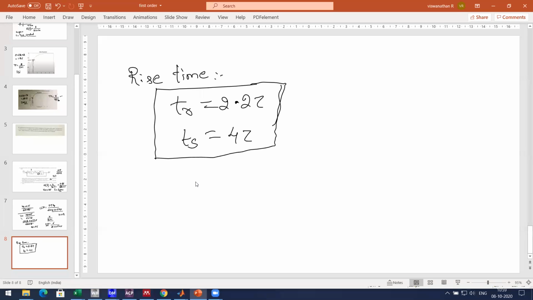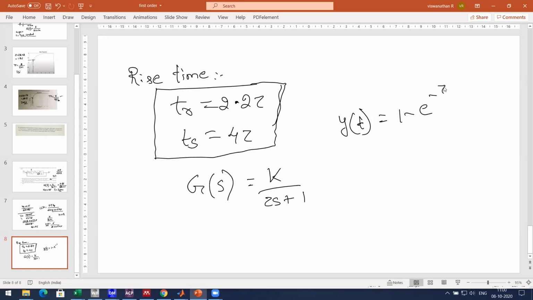Also, G of s is given by k divided by tau s plus 1. Then y of t, which means the amplitude, is 1 minus e to the power minus t divided by tau. This is the formula for calculating the value at any given time.